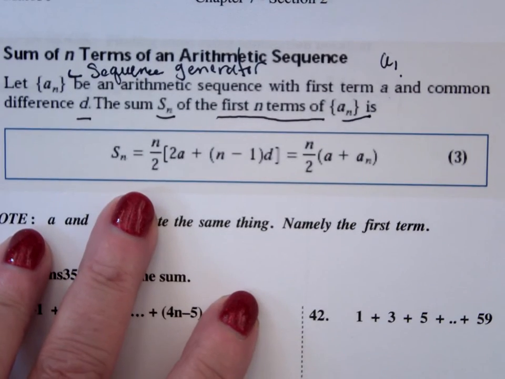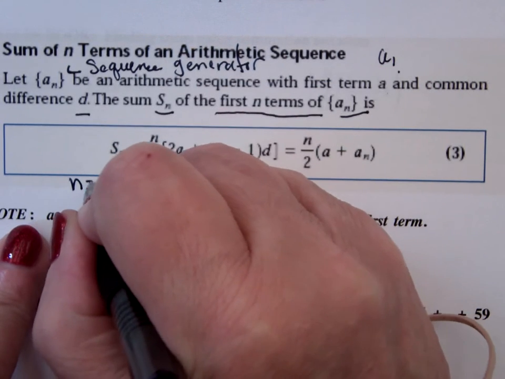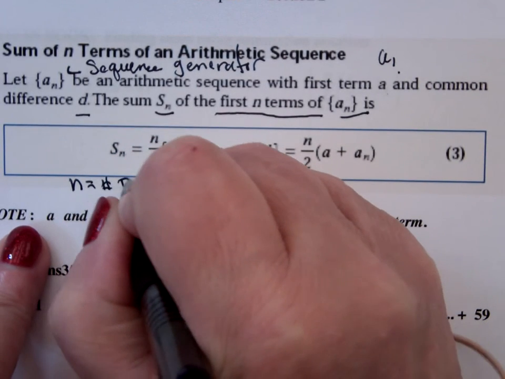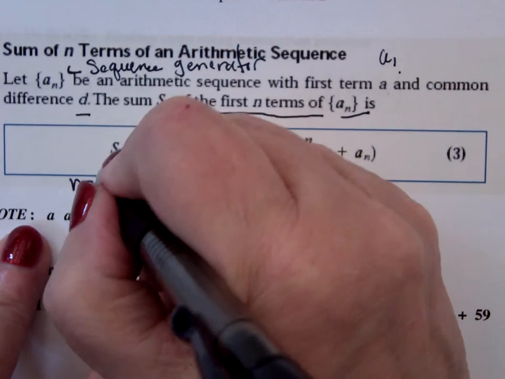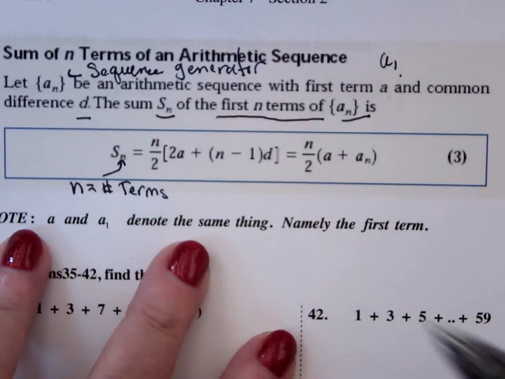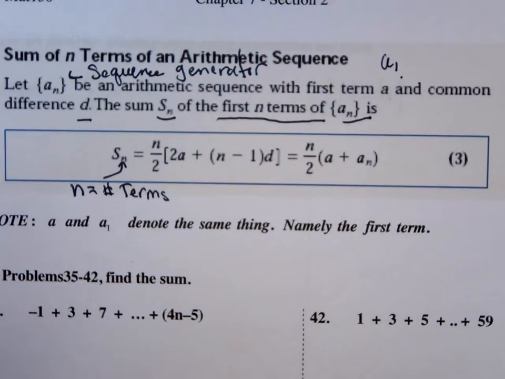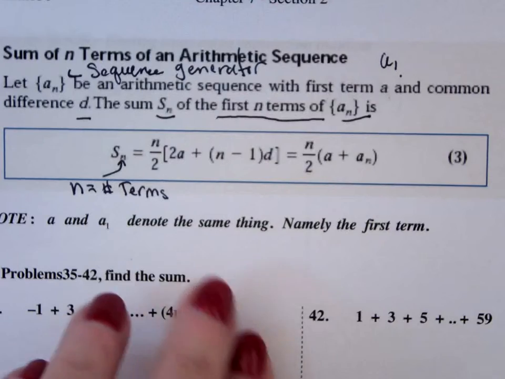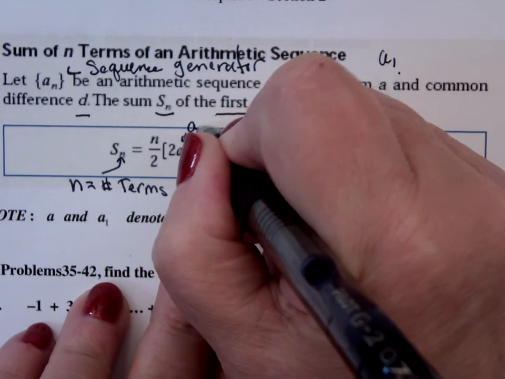And you're going to say, well, how do I know which formula to use? It's what information you have. n is the number of terms. That's the number of terms that you're adding up. So that would be the sum of the first 5 terms, sum of the first 10 terms, sum of the first 15 terms. This is the first term, so that's A sub 1.